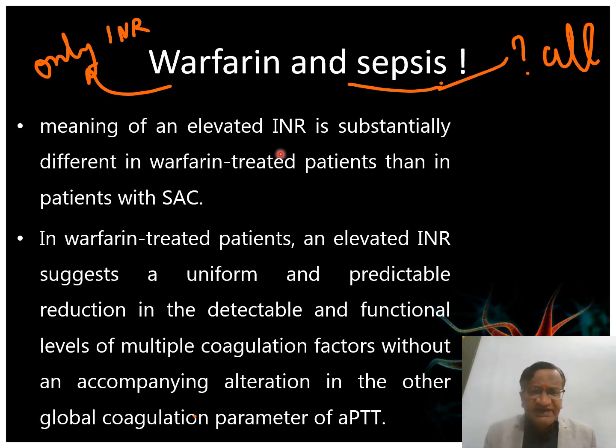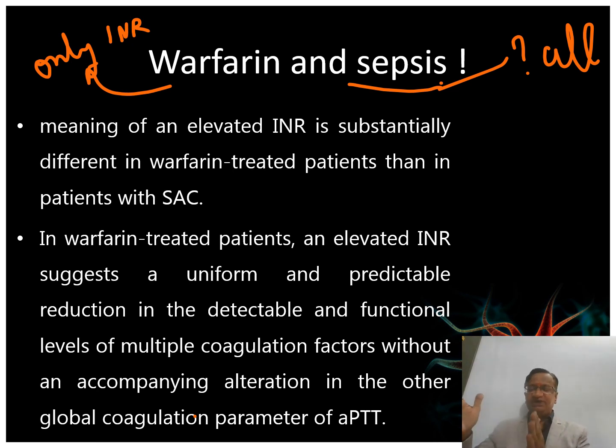The meaning of an elevated INR is substantially different. Yes, this is what we should understand. A warfarin-treated patient's increased INR is different from a sepsis patient's increased INR. The meaning is different. Why? In warfarin-treated patients, an elevated INR suggests a uniform, predictable reduction of factors without an accompanying alteration of other factors.